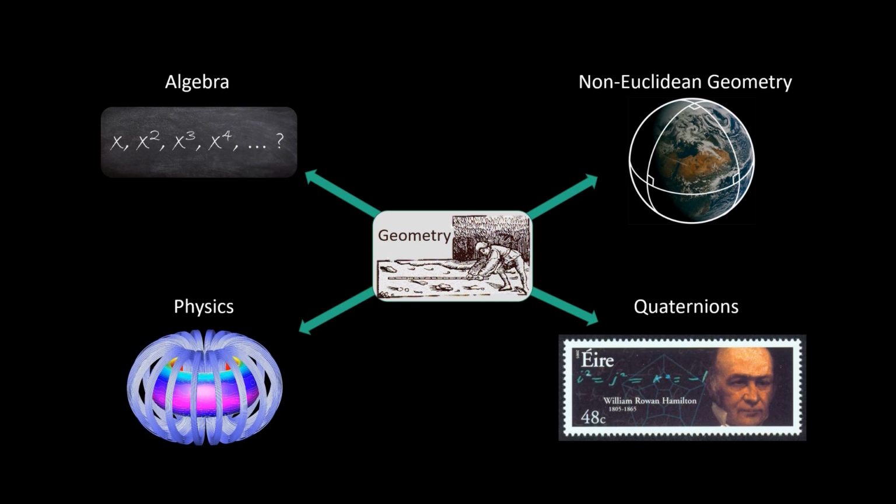So from the origins of geometry, we then move on, and we have developments in other areas of mathematics as well. So one thing is algebra. So algebra was developing, and people started to write down things like variables and equations, and the notation developed until we were quite happy writing things like x to the 4, x to the 5.